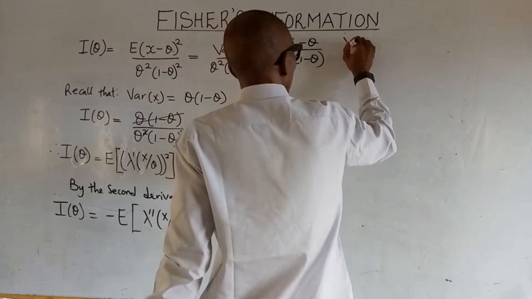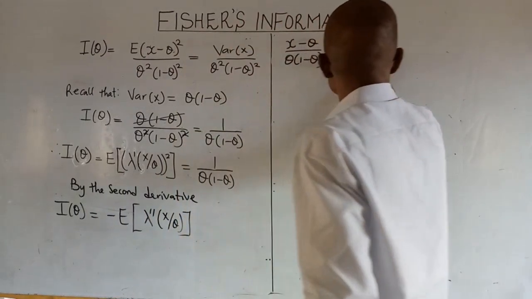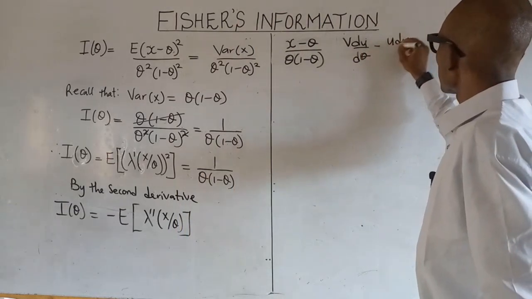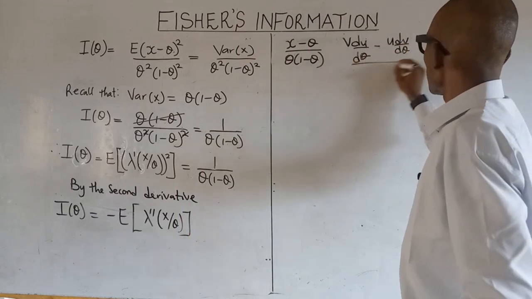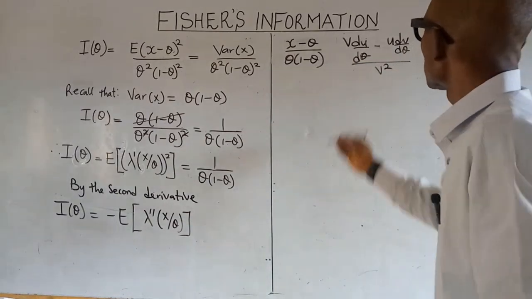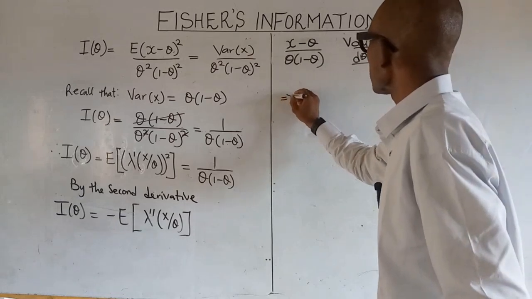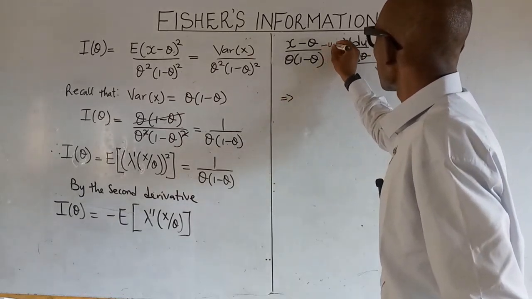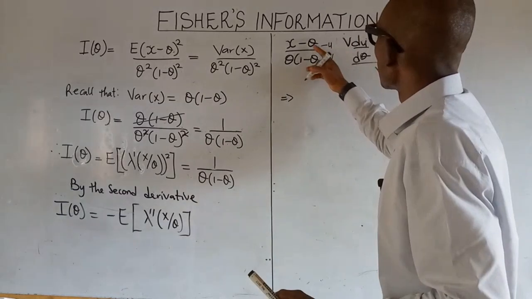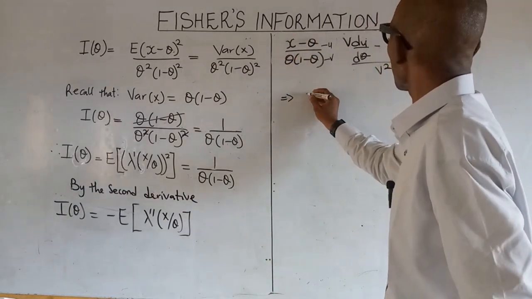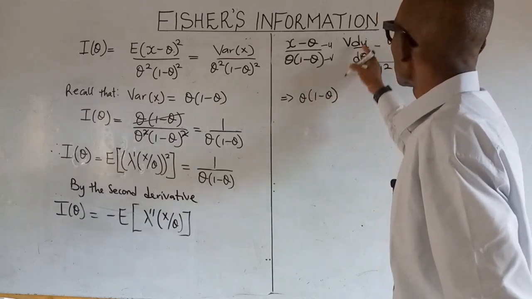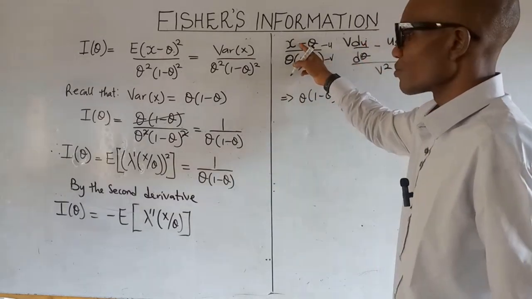So we use v du by d theta minus u dv by d theta all over v squared. So what do we do? Let's say this is our u and this is our v. So we have v, theta times 1 minus theta, times du by d theta.